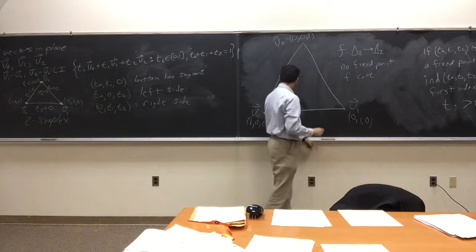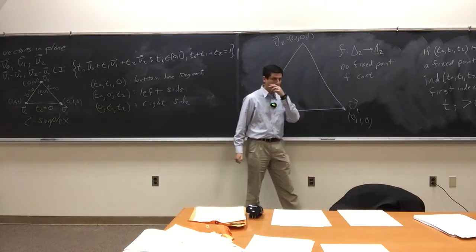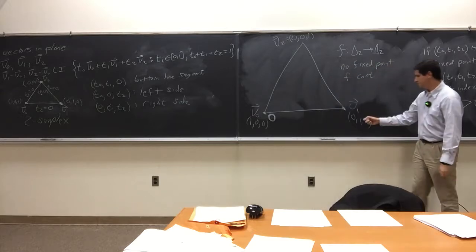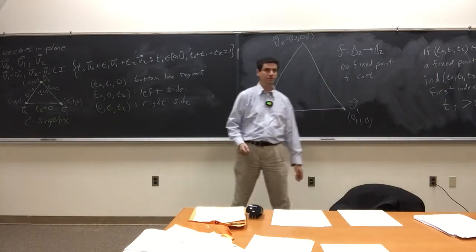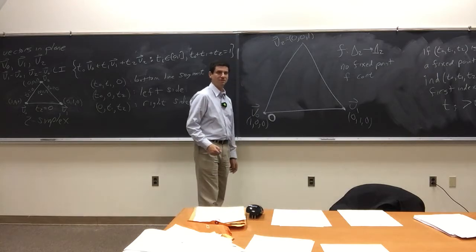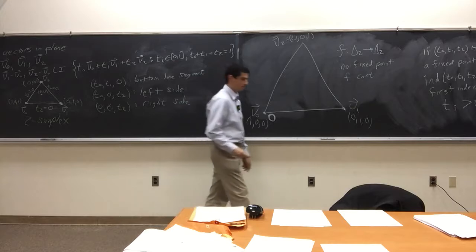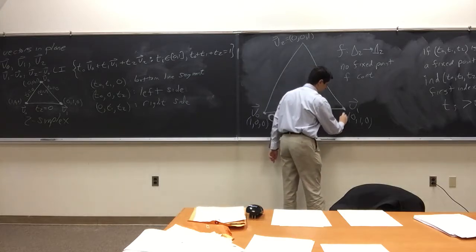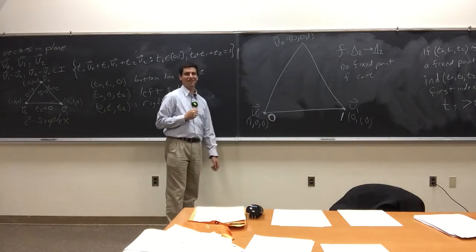Let's look at this point now. 0, 1, 0. Where is the first coordinate for 0, 1, 0 where the index is not going to equal? It's going to be 1. It's going to be the middle coordinate. What's this beginning to look a lot like?